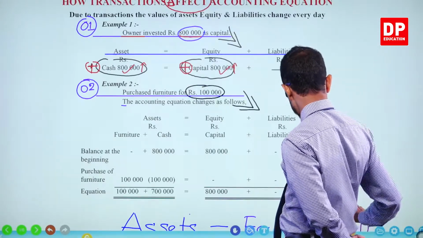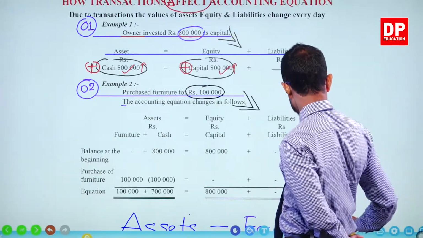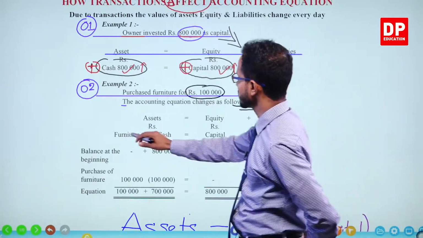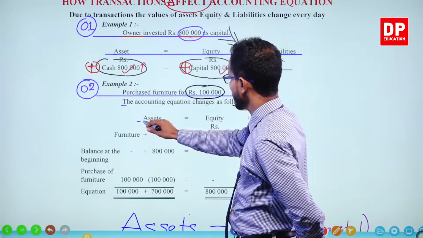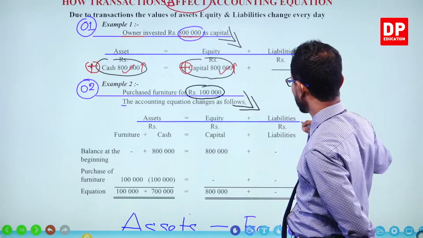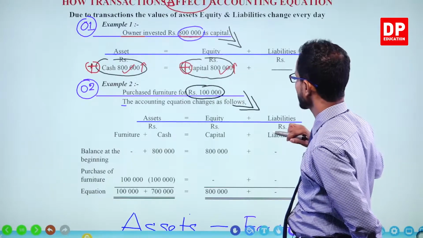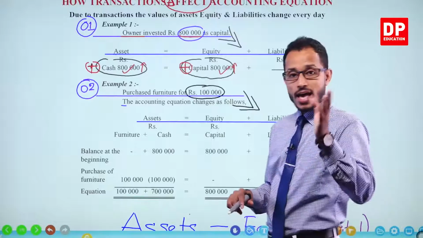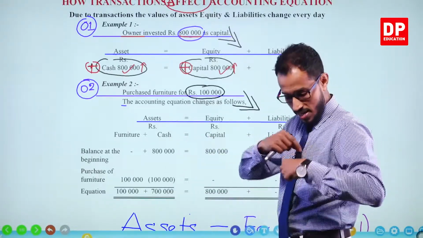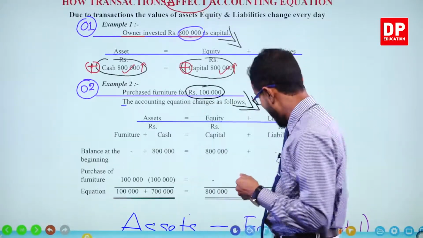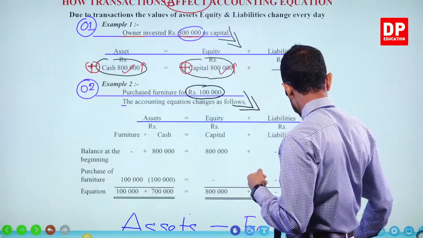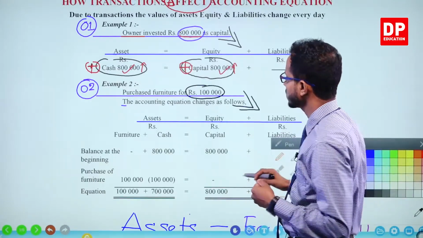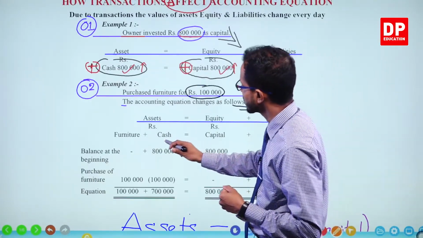The equation is given here as usual, so I'm gonna underline the equation using blue color. All right, children, as I told you, the money invested by the owner, 800,000, is already in the business.